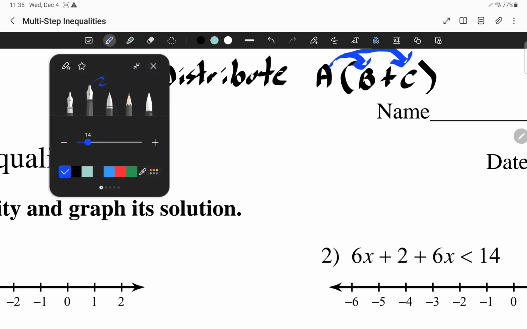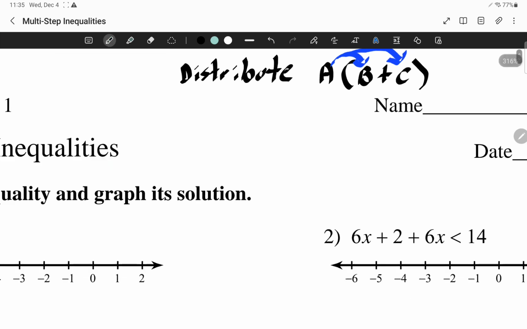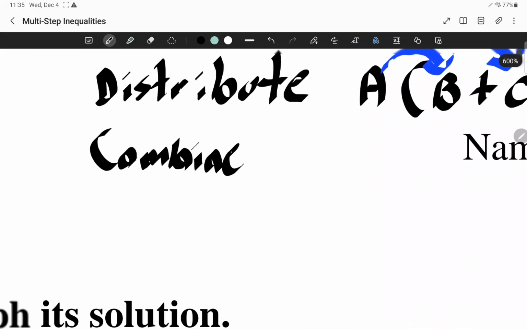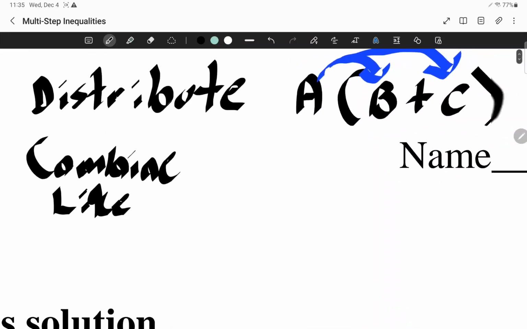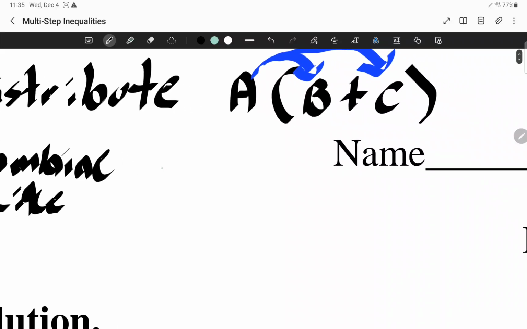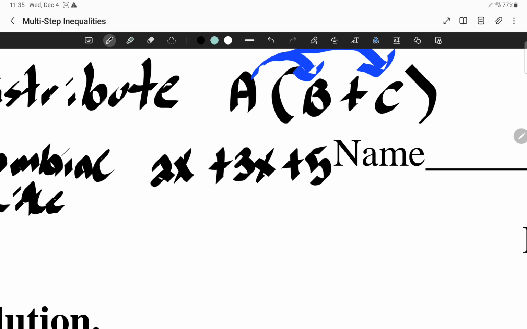Another thing that you need to do is called combining like terms. We went over this a lot. Combining like terms is going to be another big thing that we're going to have to know how to do. That means if, let's say, we have 2x plus 3x plus 5, which two are my like terms? Obviously, the ones that have an x, because both of them have an x.